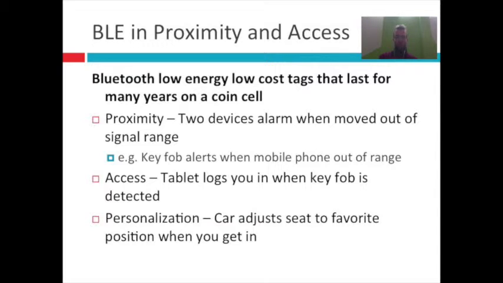So, for example, you want to have two devices alarm when moved out of signal range. For example, a key fob alerts when the mobile phone is out of range. You can use the same feature for access control, so that, for example, a tablet locks when the key fob is no longer detected nearby.